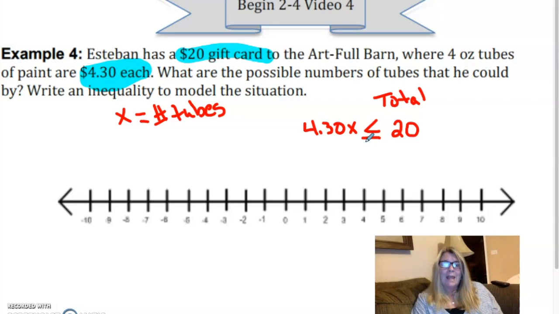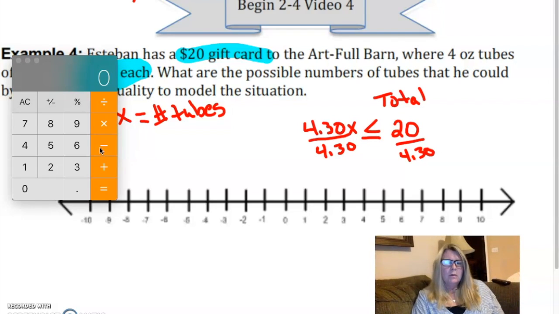Now we're going to figure out how many tubes he could actually buy. That means we have to get rid of the $4.30. So we're going to divide by $4.30. So I'm going to take the 20 and divide it by $4.30. When I divide that, I get an extremely long decimal.